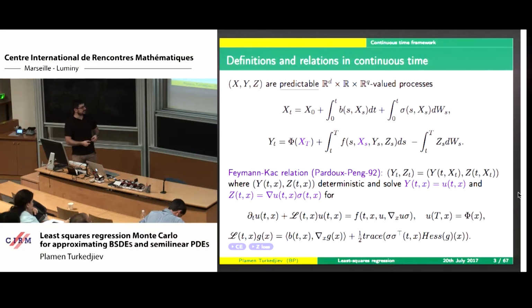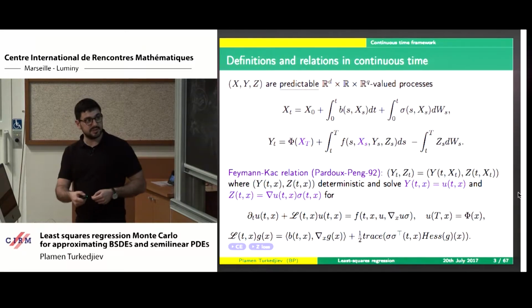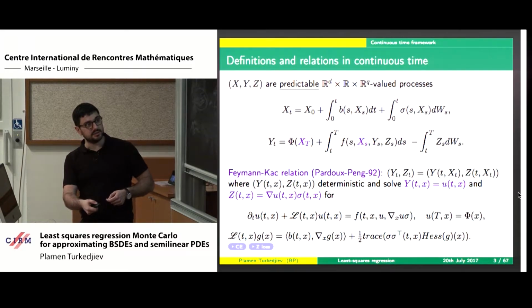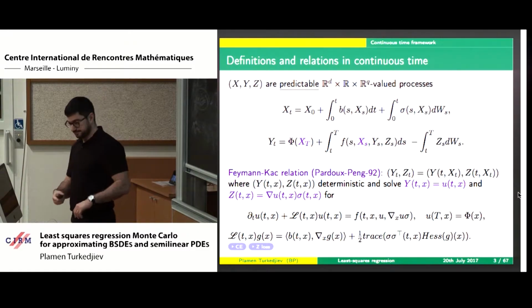And those deterministic functions are related to the solution of a parabolic partial differential equation, which is nonlinear in its solution and in its first derivative. And this is a semilinear parabolic partial differential equation. Semilinear because we have no nonlinearity in the differential operator in the Hessian terms.